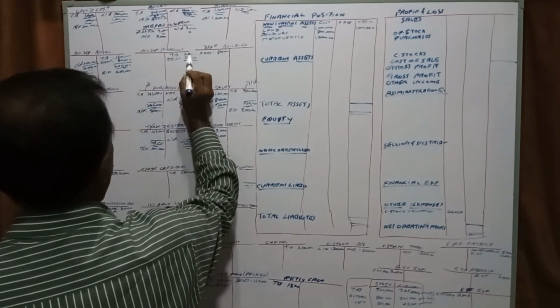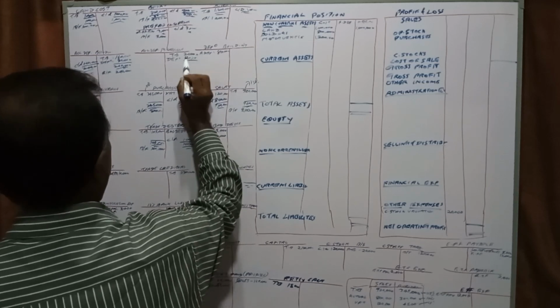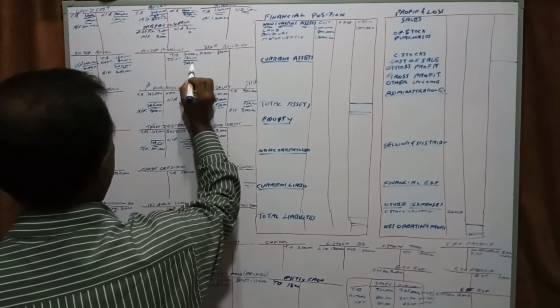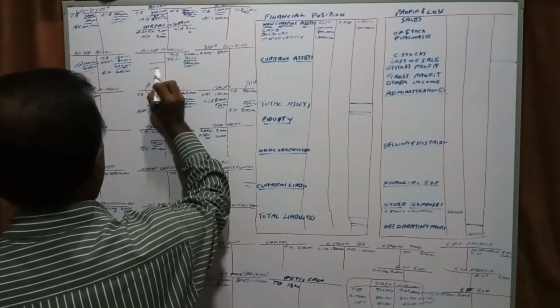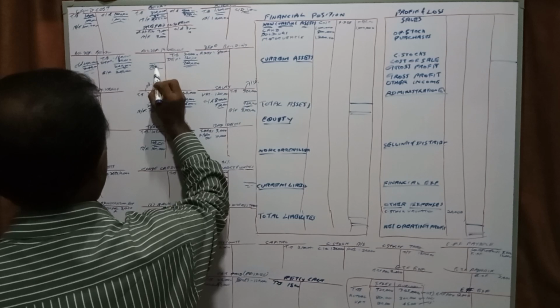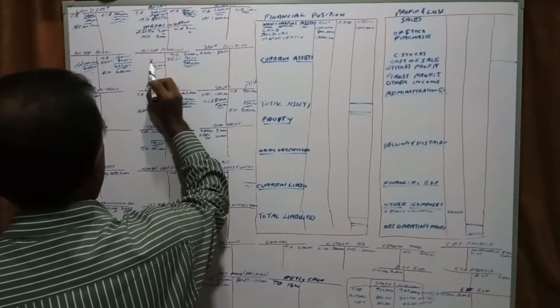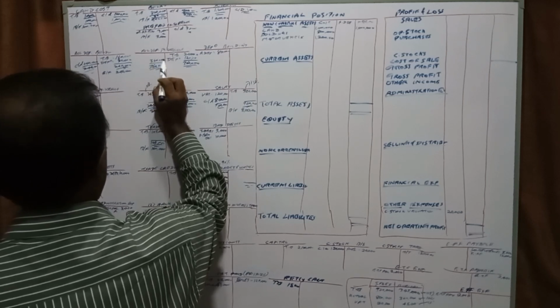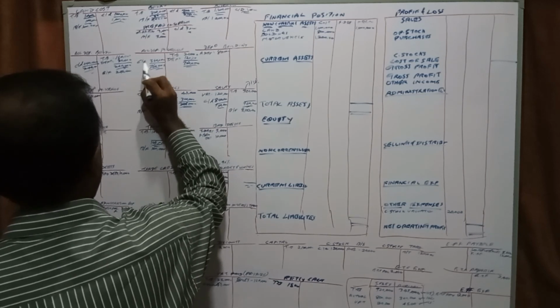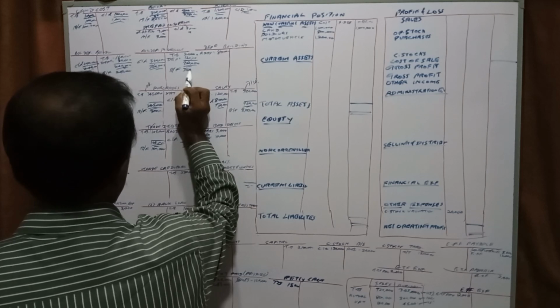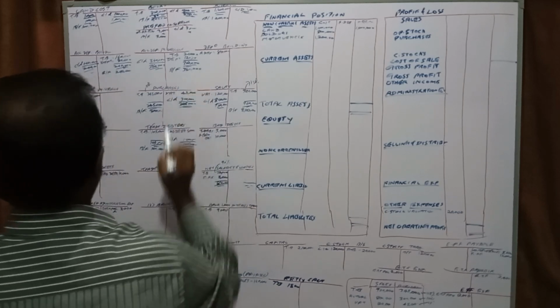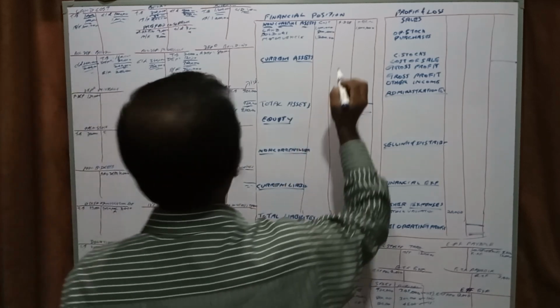Here also 360,000 carried down, and brought forward 360,000.